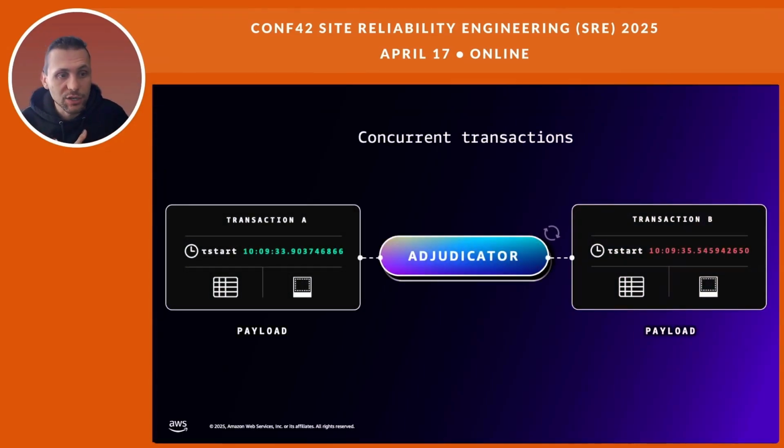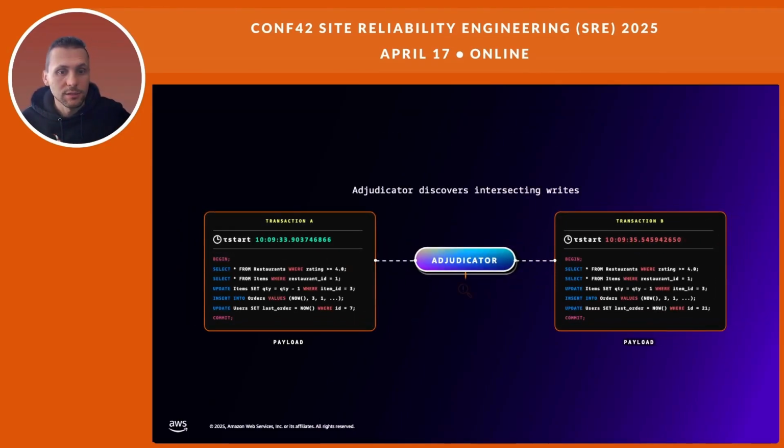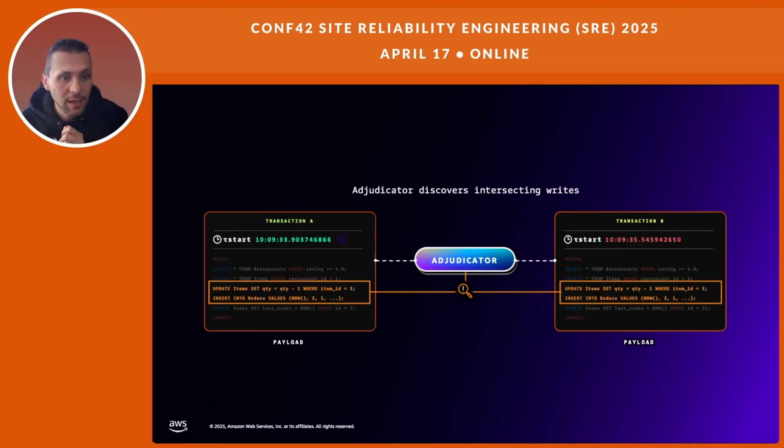So if I have transaction one that started at 10:09:33, and at 10:09:35 I have the two transactions, A and B, and they start roughly at the same time, but transaction A sends a commit likely before transaction B, what will happen in this case? In this case, the adjudicator will look at, are you trying to write at the same row?